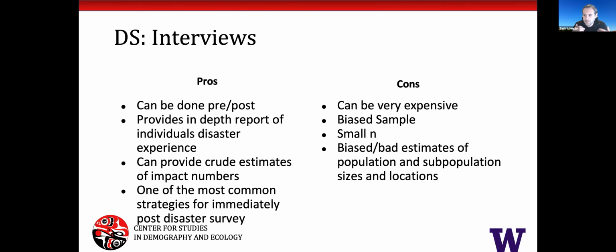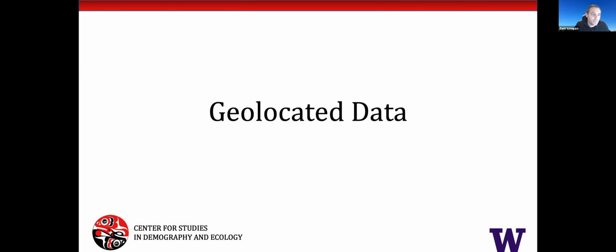Because you just grab a researcher and assuming they've got like IRB approval, you can just kind of like shove them out there. And some people set up these IRBs sort of pre-ready. The cons are, of course, it can be very expensive. Not mentioned in here is it can be very dangerous. It can generate a biased sample, it's small n, and really you can't estimate things about the population and subpopulations that we might be interested in.